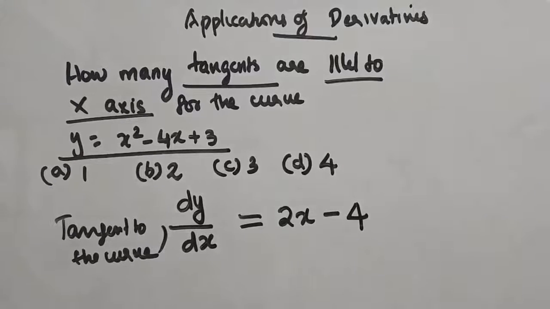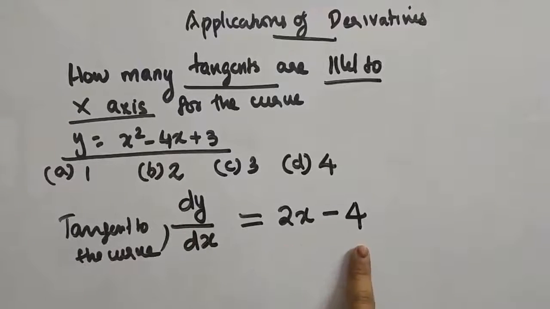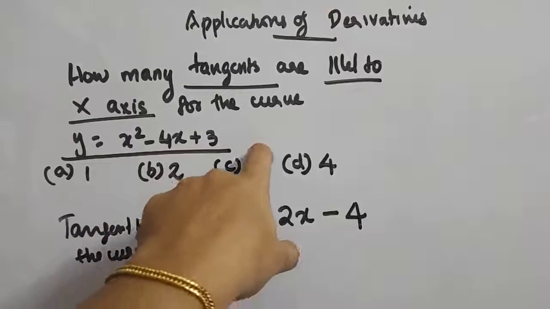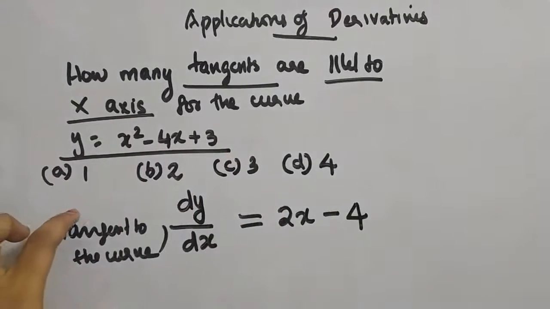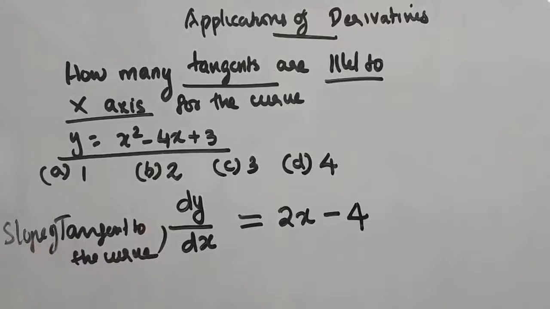So the slope of the tangent to the curve is given by dy by dx and it is given as 2x minus 4.